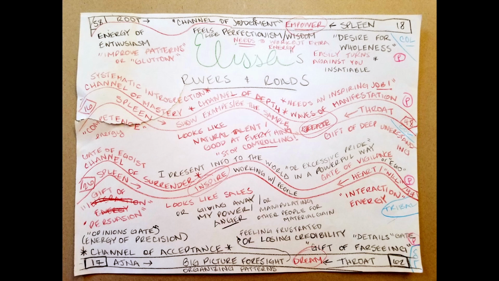It connects my spleen to my throat, and it's all about talent and allowing myself to do something over and over and over until I'm really good at it. And then because it's a projected channel also for the collective, I have to wait to be invited to show that talent.